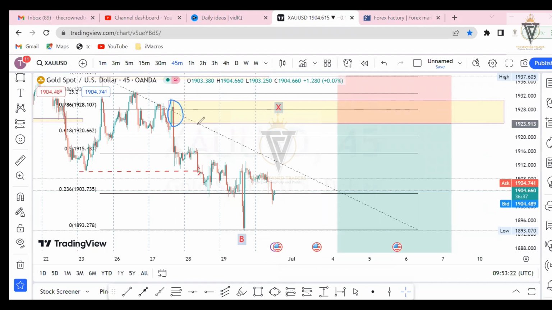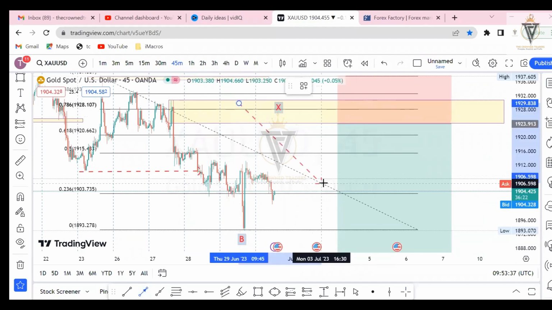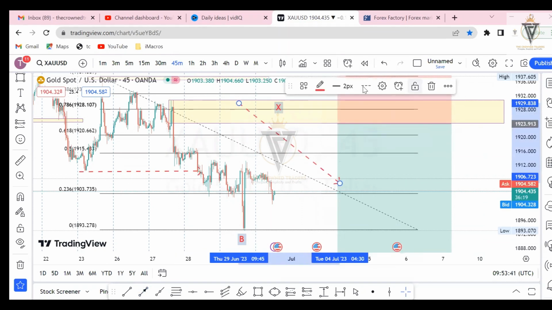So when it hits this point and I see a rejection at that level, I'll be taking my sell to the downside from there. That's where I'll look out for myself.